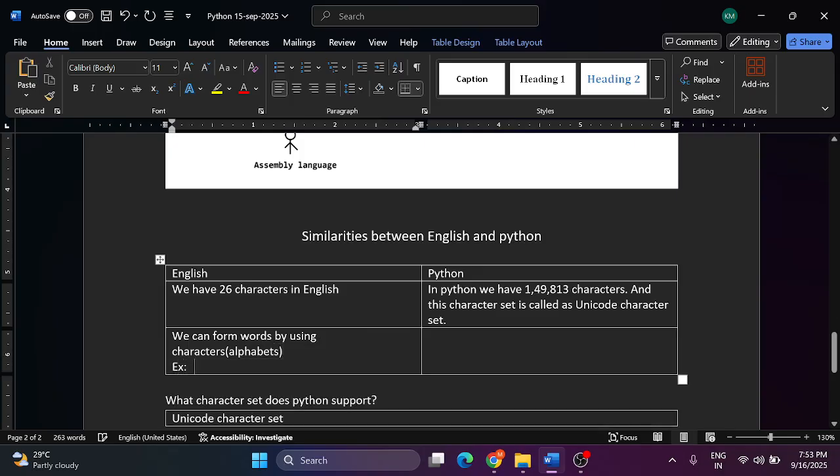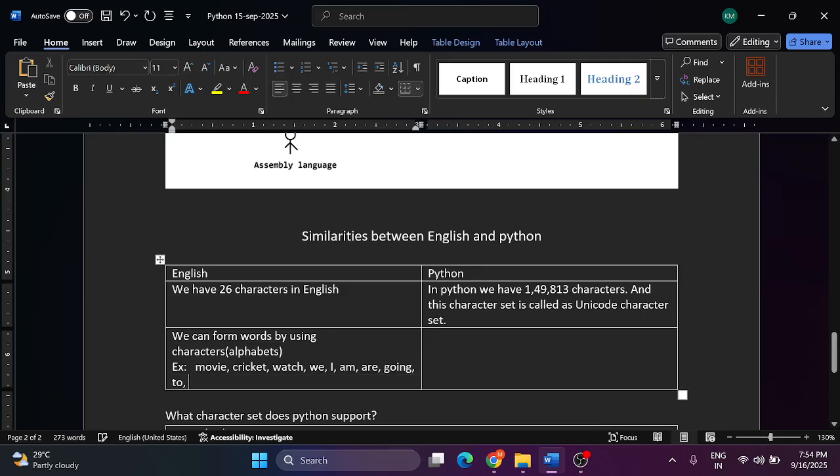Example guys, example please. Movie, cricket, watch, we, I, am, are, going. What else? I am going to watch a movie, I'm going to play cricket, and so on.